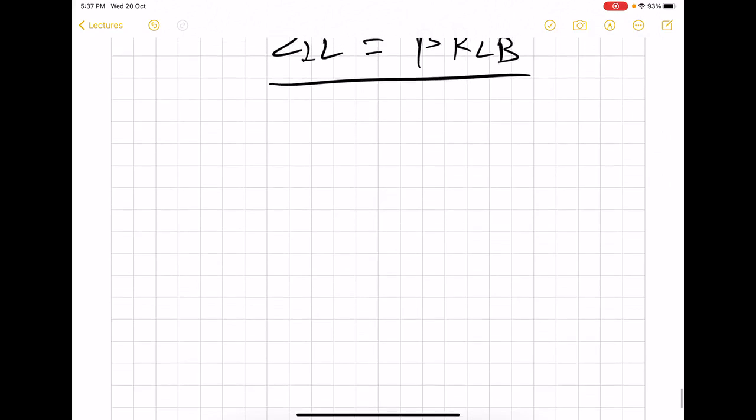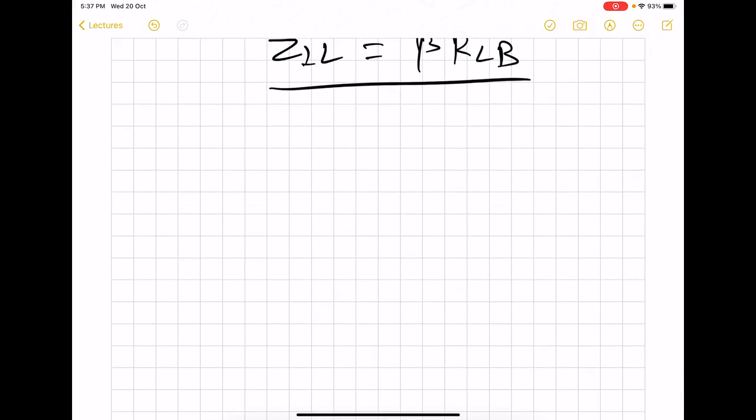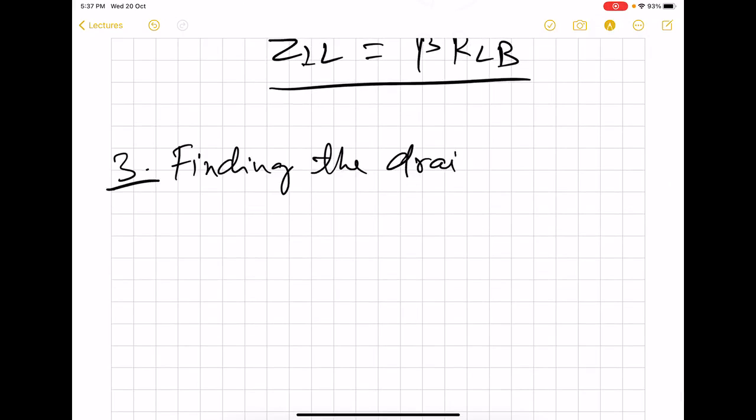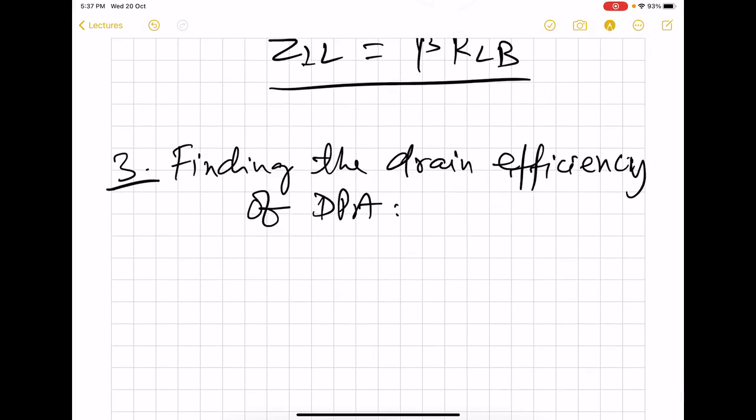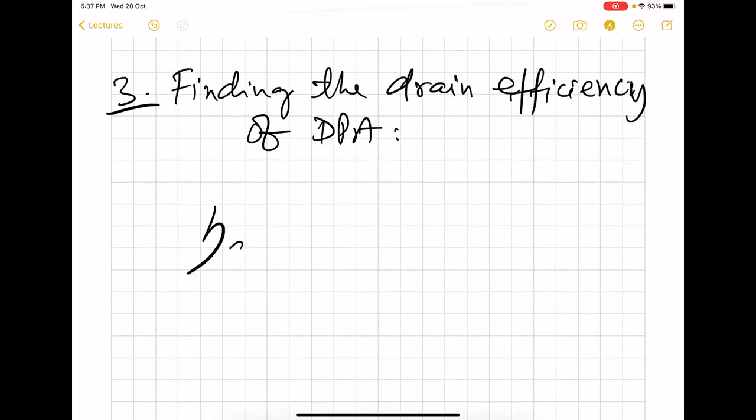So now the third and final objective is going to be finding out the efficiency. So when we try to find out efficiency, of course, this will get divided into two regions, because the complete circuit assumes two different circuits for different values of the input.